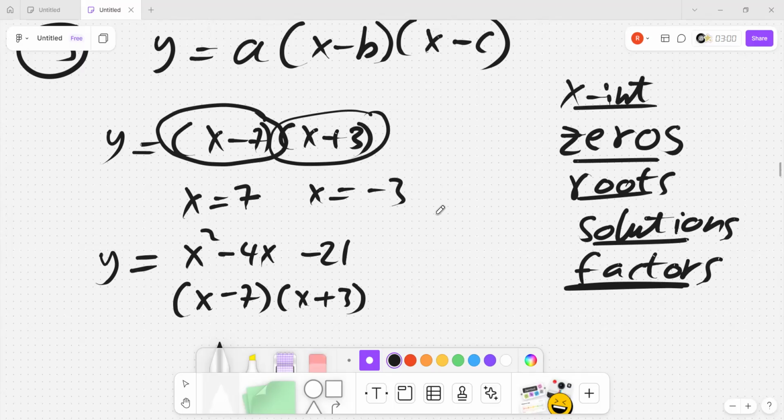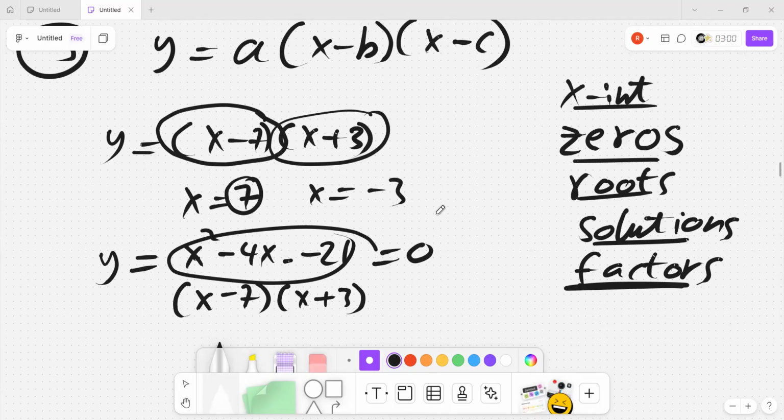That means x minus 7 is a factor of x squared minus 4x minus 21. What does it mean that x minus 7 is a factor? It means that if we substitute x by 7, we will get 0. Why? Because for any factor, the remainder of the division is equal to 0.